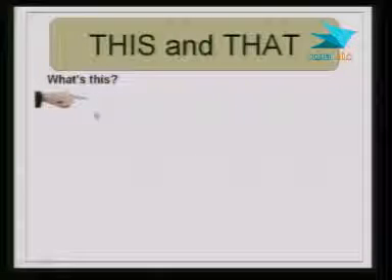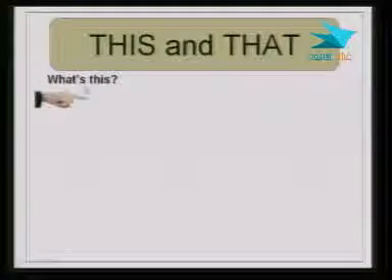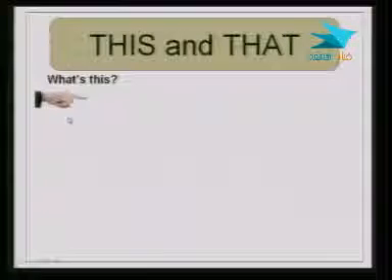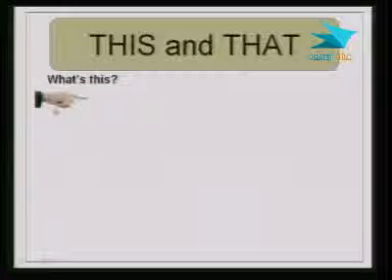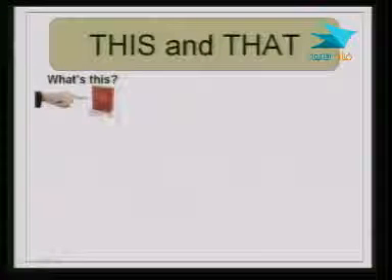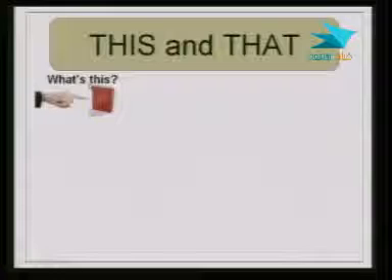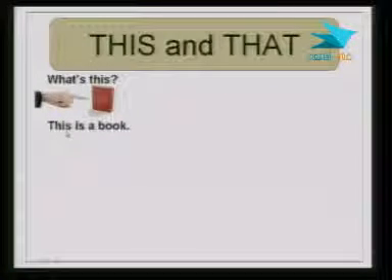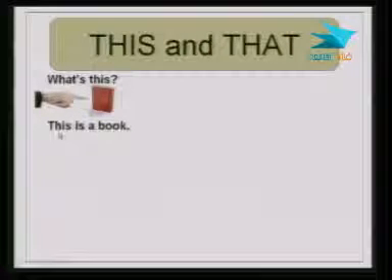It's as if he's asking someone, what's this? Look at this object here, it is very close to this hand. And the answer is, this is a book. So we use this.